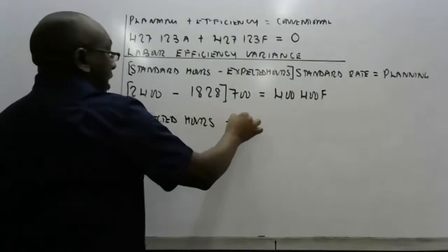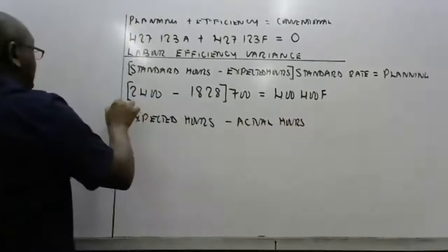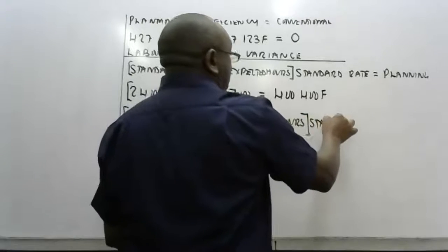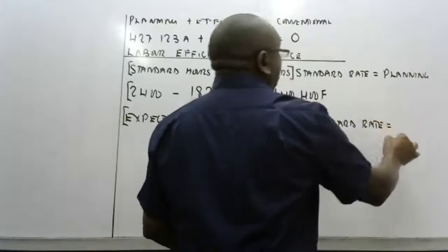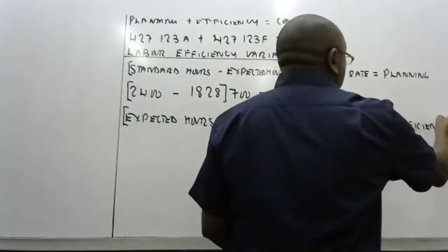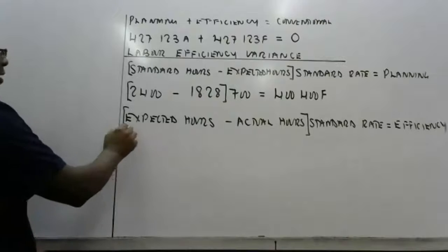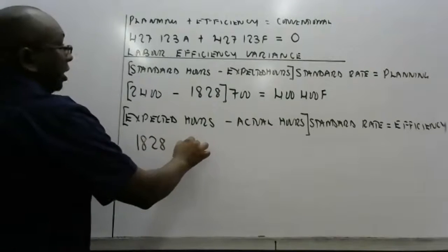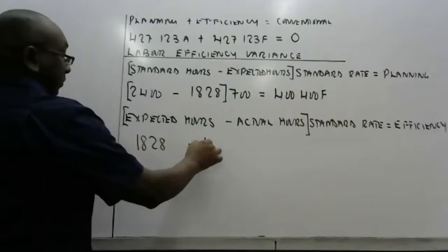Let us go to the next one, expected hours. We now minus the actual hours and multiply by standard rate, and that should give us the efficiency. The expected hours are 1828. The actual, according to the question, were 1950.